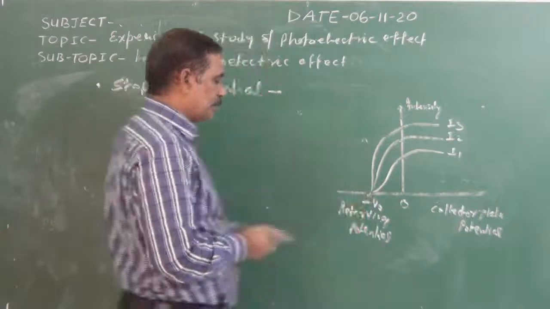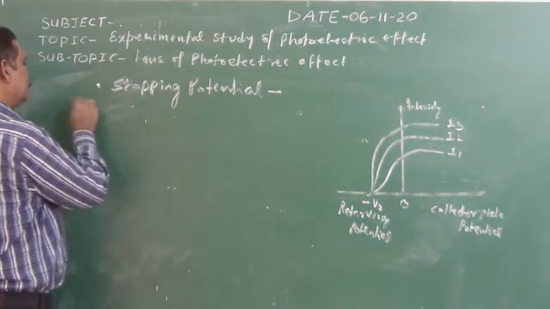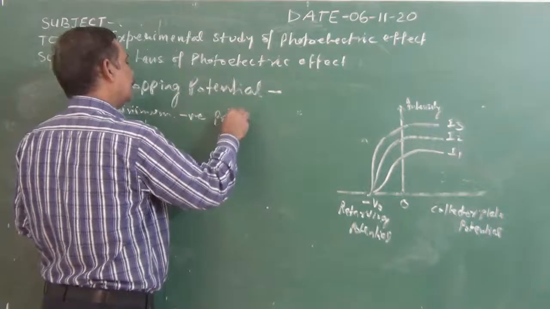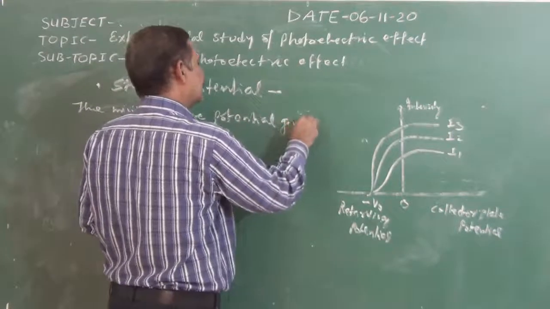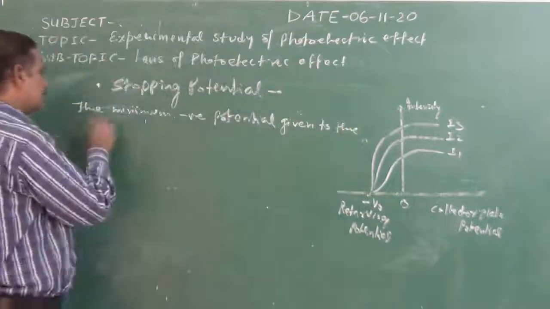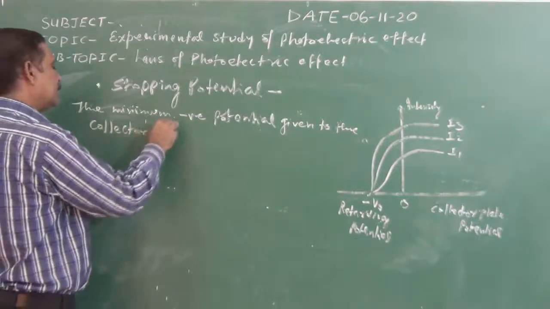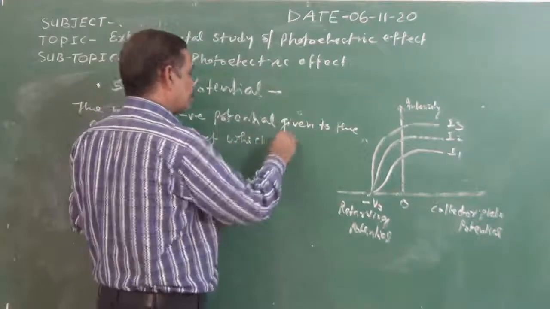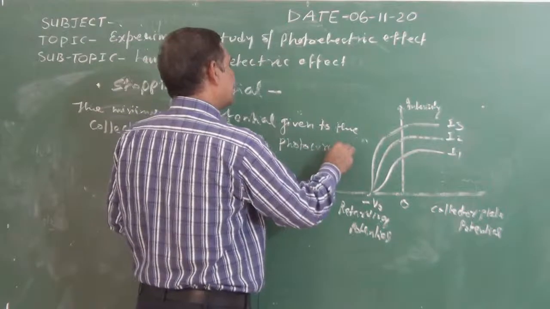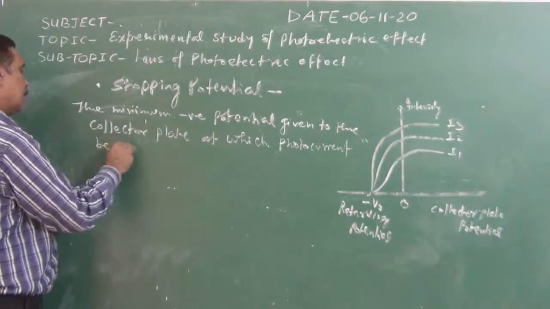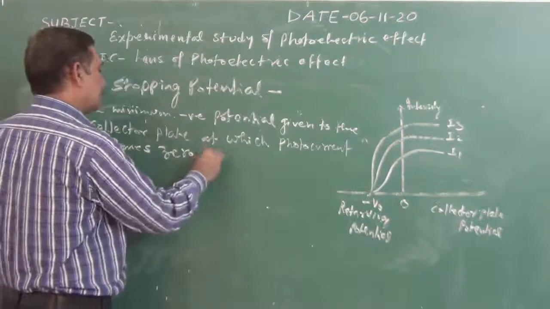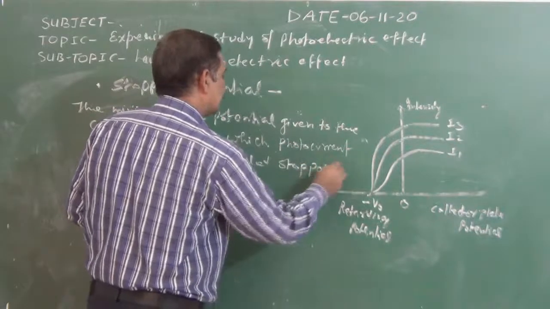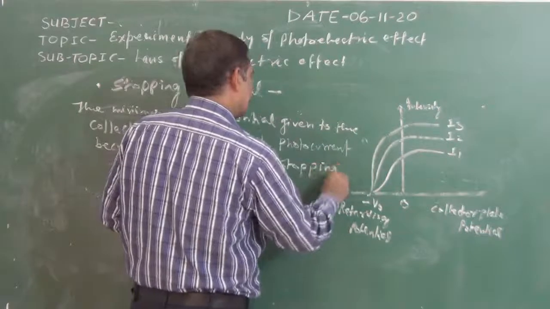The minimum negative potential given to the collector plate at which photocurrent becomes zero is called the stopping potential.